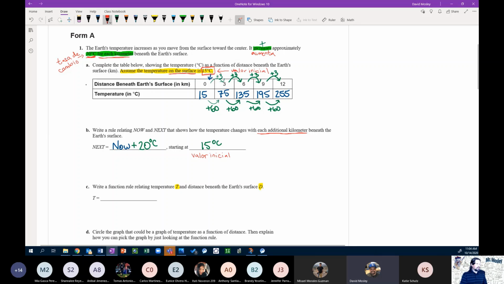Normally we would say this is X and this is Y. So instead of writing Y, we'll write T, which they already have over here, and instead of writing X, we write D. So we've been told in the problem what letter to use for a variable.